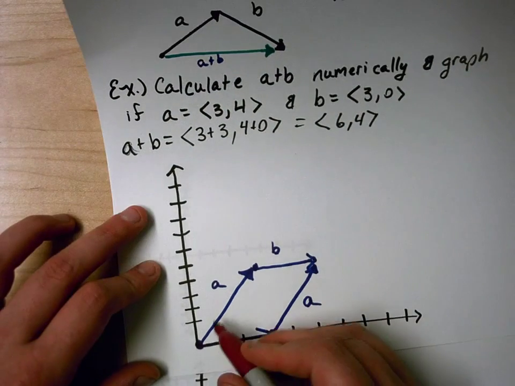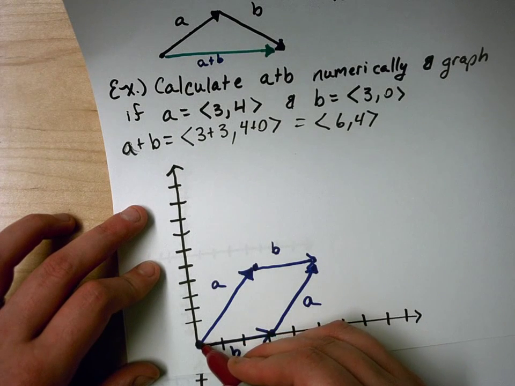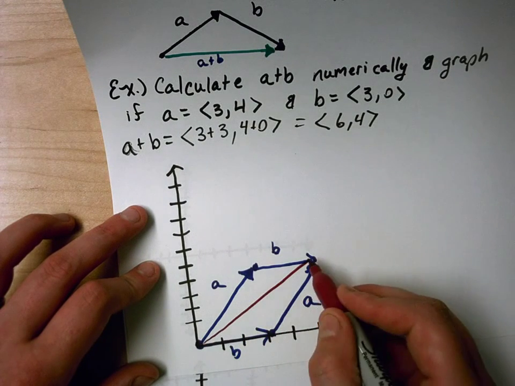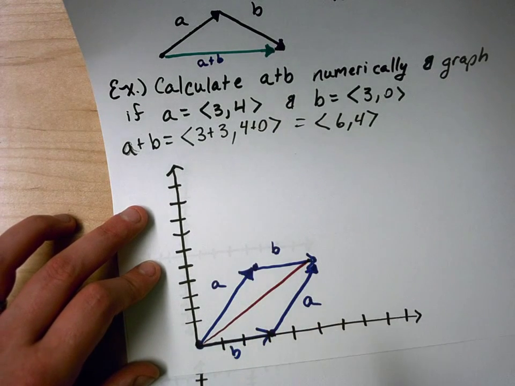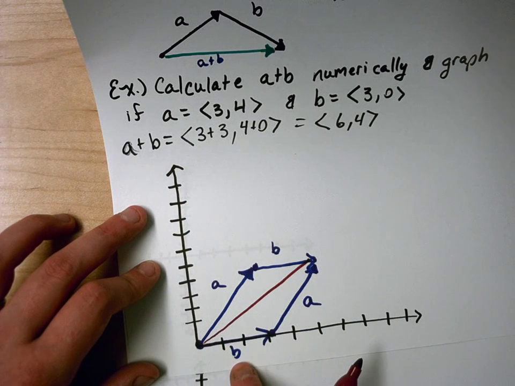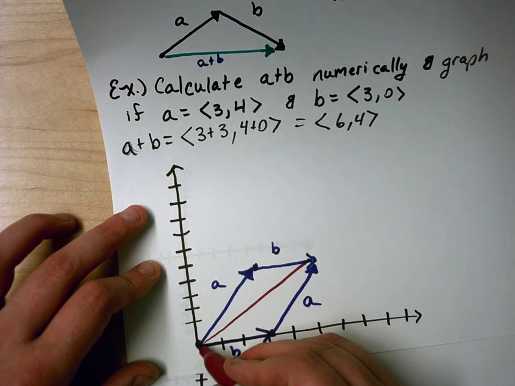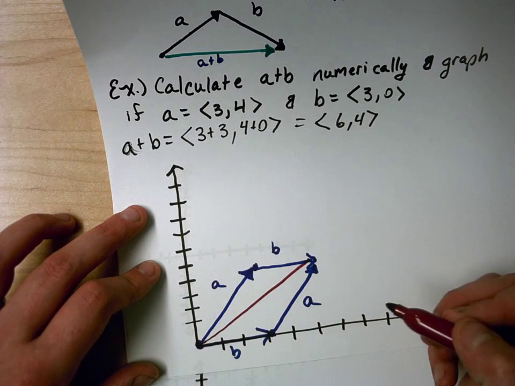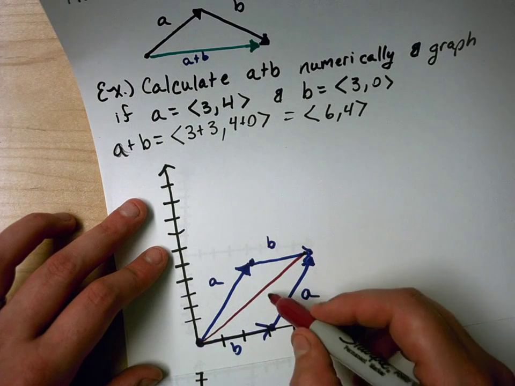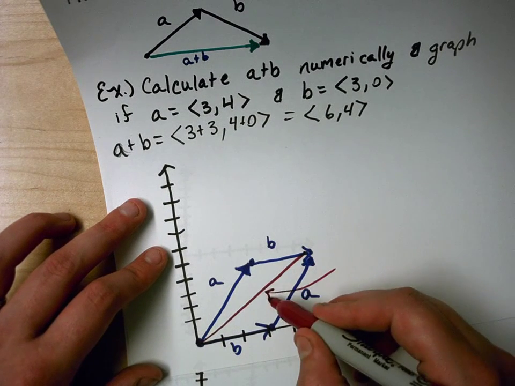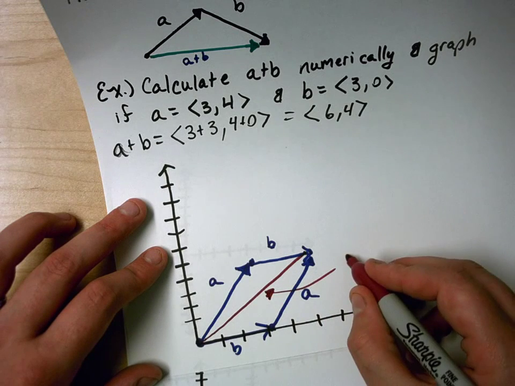If we connect the tail of A to the head of B, we get this line. Had we done the reverse order, B plus A, we would have connected the tail of B to the head of A and ended up at the same point. So this new vector here is A plus B.